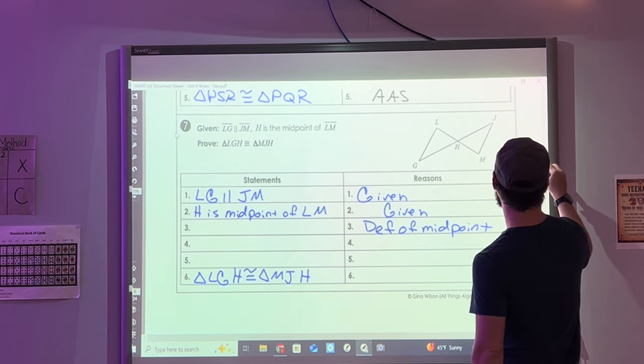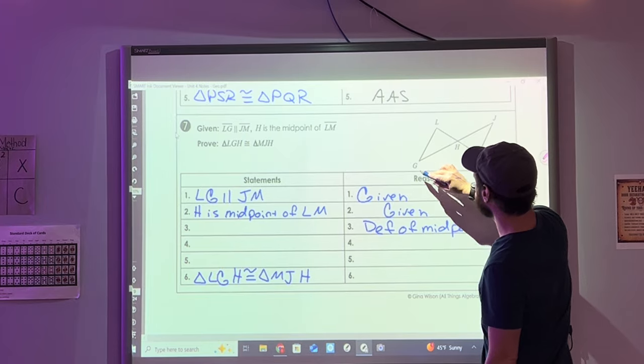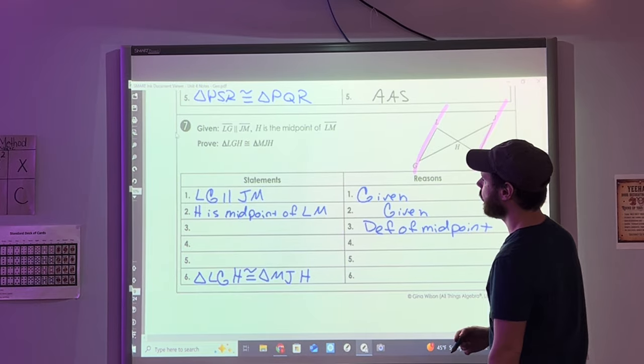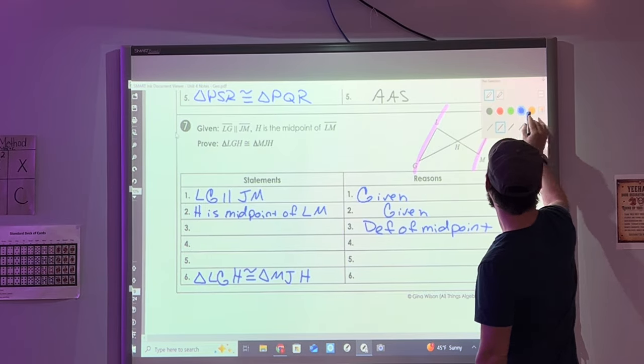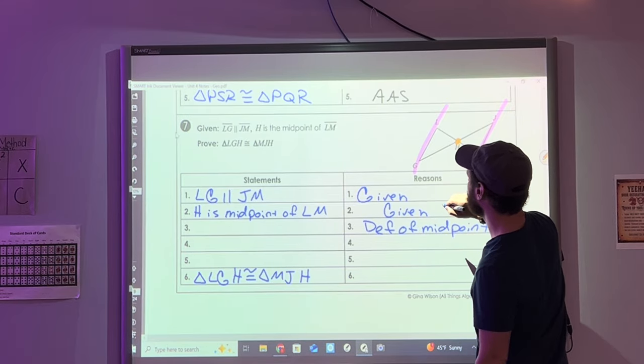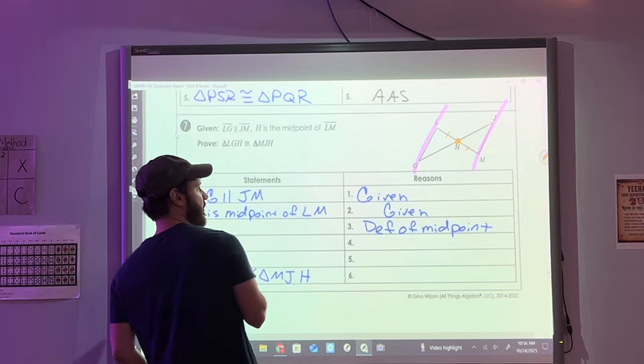Okay, I got parallel lines. Let's label that. LG is parallel to this one over here. And now H is the midpoint of LM. So that is going to match that, and that's my statement.